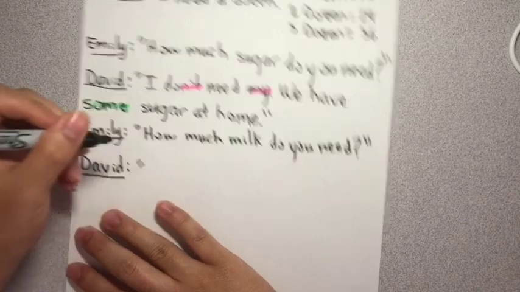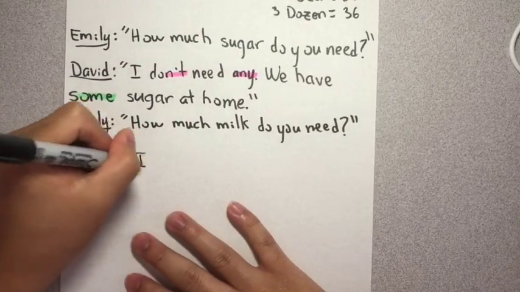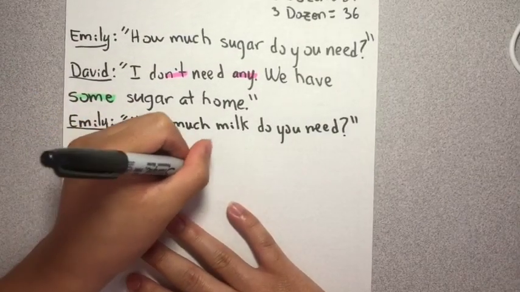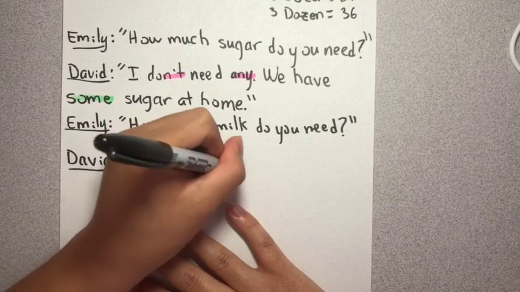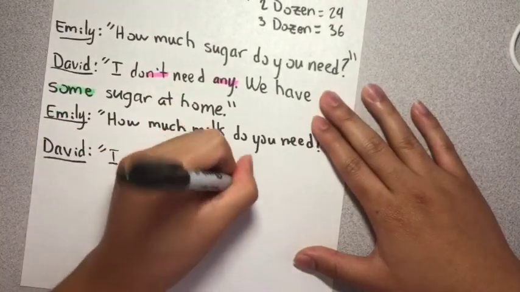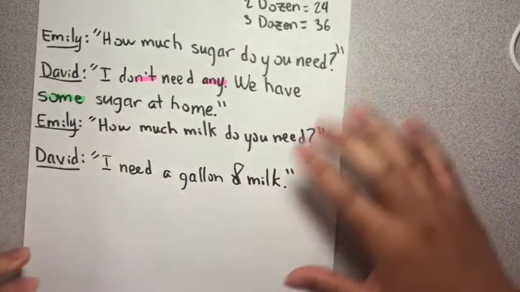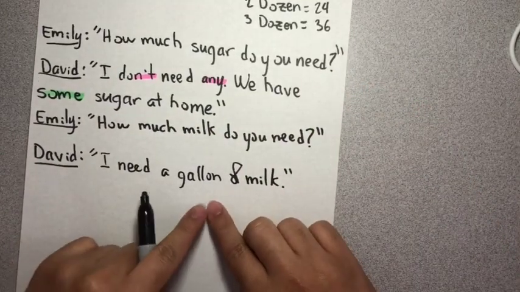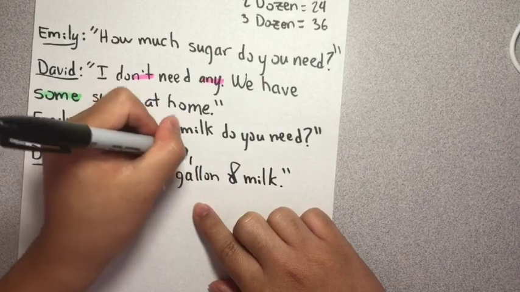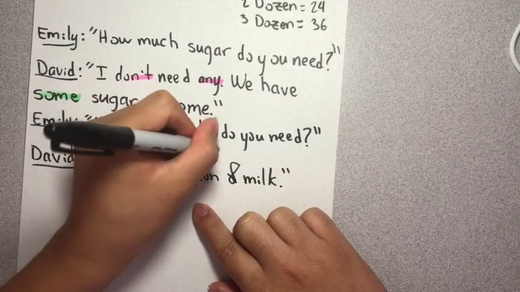David says, I need a gallon of milk. I need a gallon of milk. A gallon is a bottle.